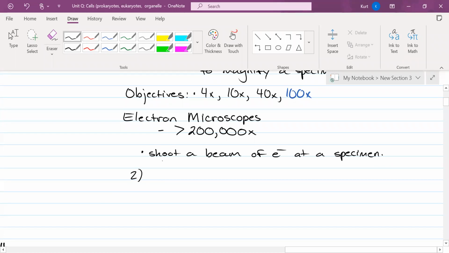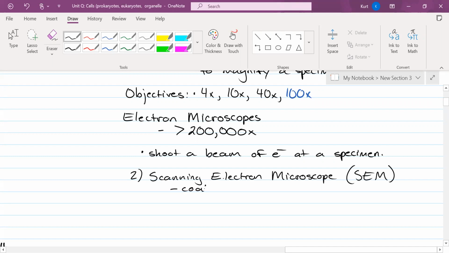So the second type of electron microscope is called a scanning electron microscope. It is abbreviated as SEM. And what this does is it coats the specimen in electrons, so you can actually see the surface of it.